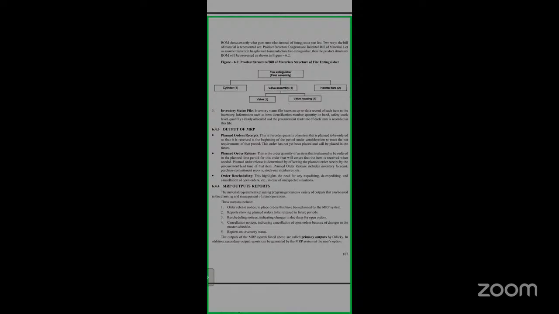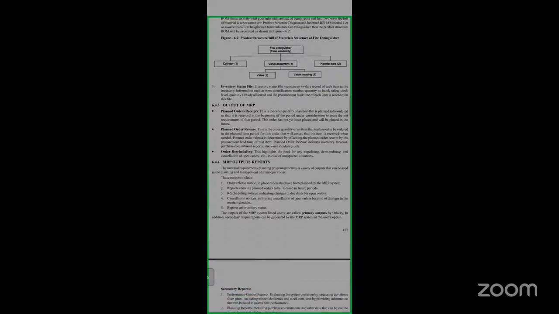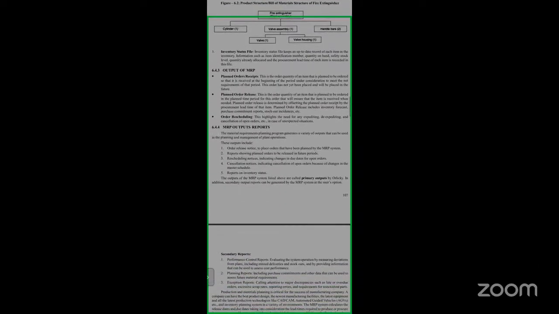Output of MRP: planned order receipts, planned order release, and order rescheduling. These are the MRP output reports that you need to keep ready whenever you are in a manufacturing organization. These outputs include the order release notice, when an order has been released and placed, and the report showing planned orders to be released in future.